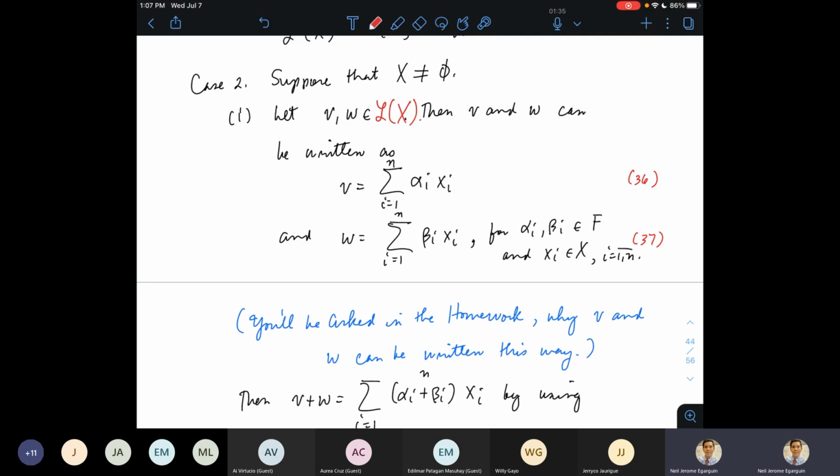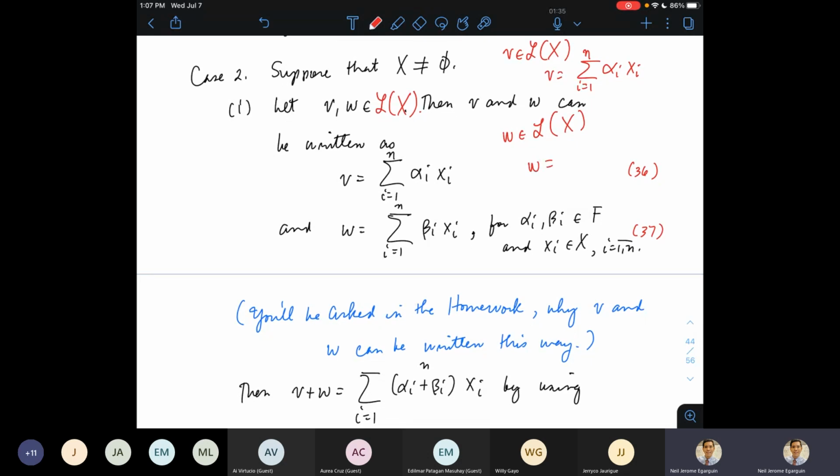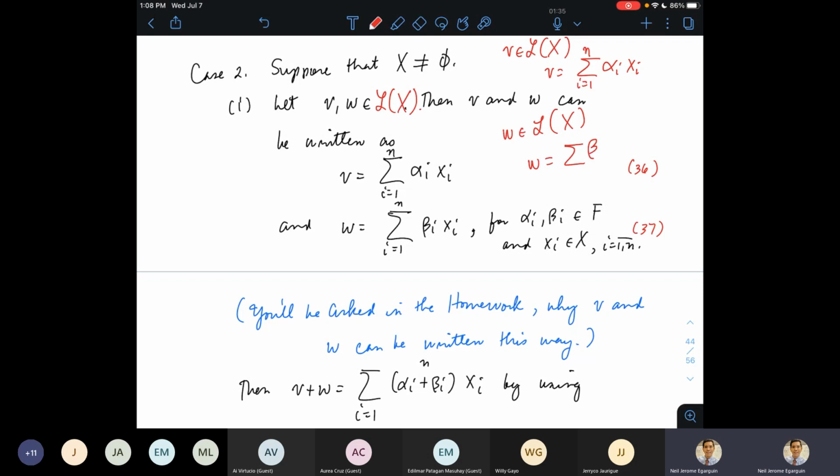Or probably let me put it this way if it's not that clear yet. V is an element of curly L of X. That means V is a linear combination of n elements of X. All right, that's clear by definition of curly L of X. But if I also have a W in curly L of X, then W is a linear combination of some members of big X. But those some members of big X are not necessarily the same members I used to generate V. So in more generic terms, W has this representation: beta j, y sub j, j going from 1 to m.